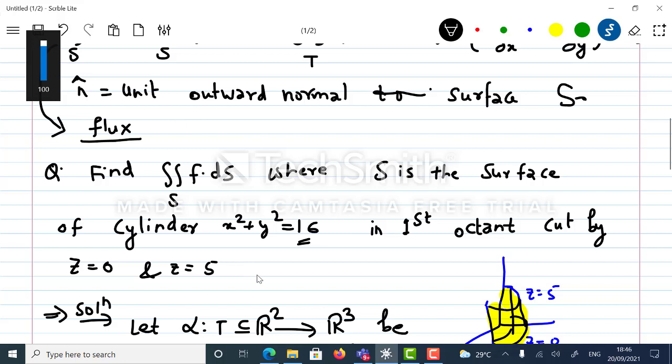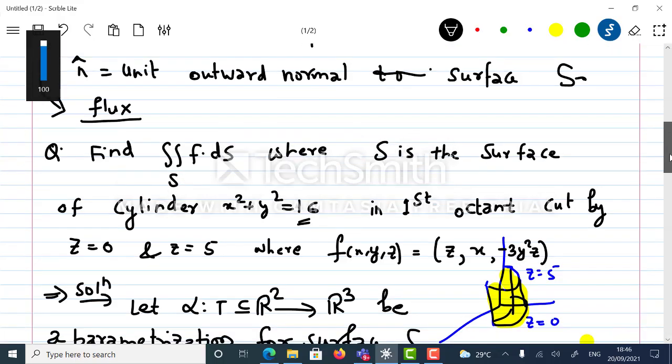In the question, f of x comma y comma z is given as z comma x comma minus 3y square z.